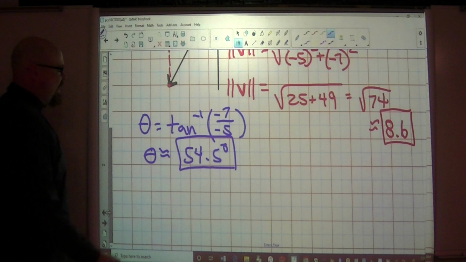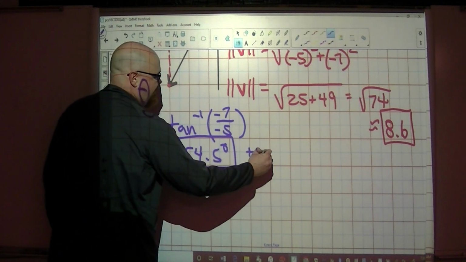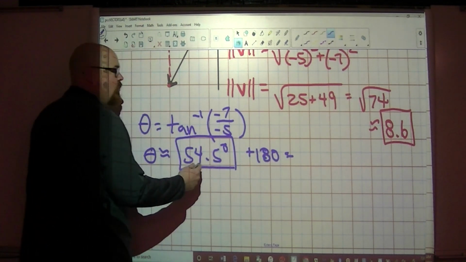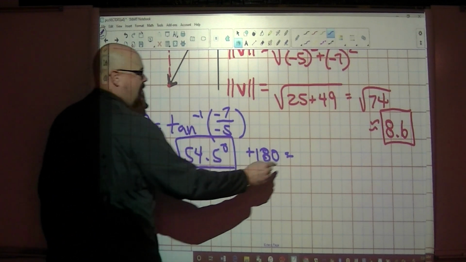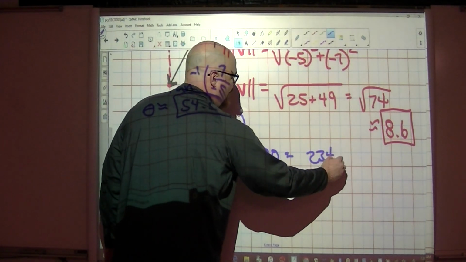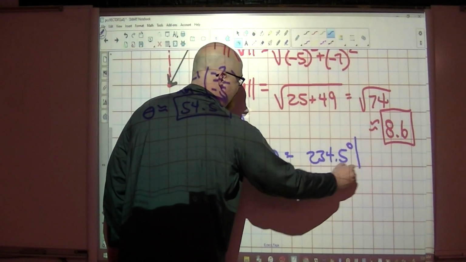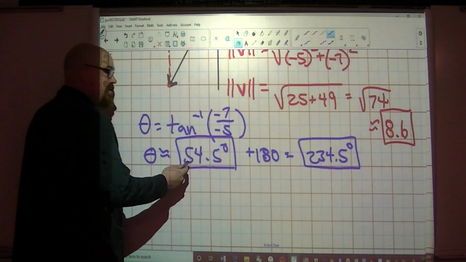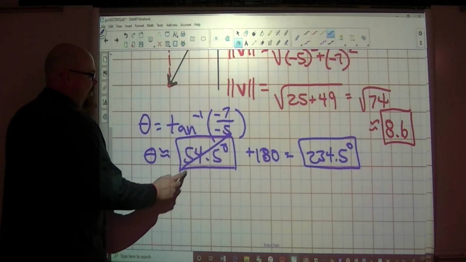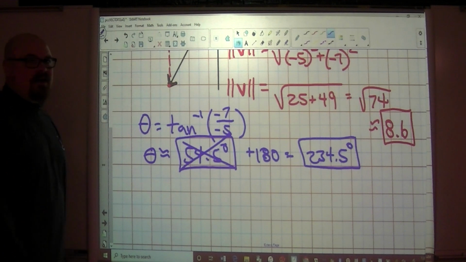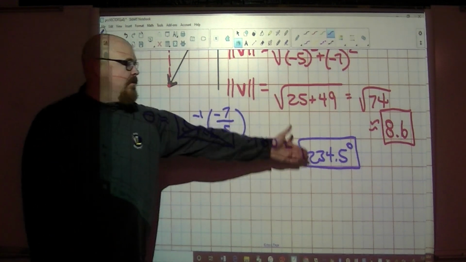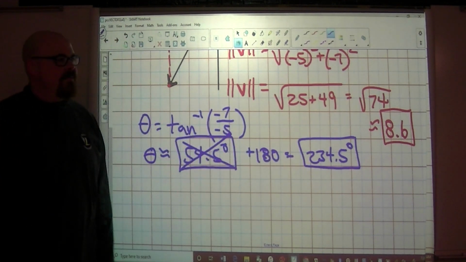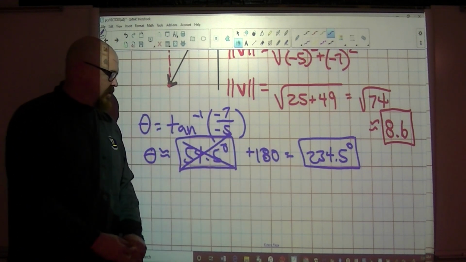So to get the correct direction angle of this vector, we have to add 180 to this number to end up with 234.5 degrees. Okay, so this answer that I put a box around the first time, technically that's not correct. We need that in order to come up with the direction angle, okay? But this is the correct direction angle for this vector.